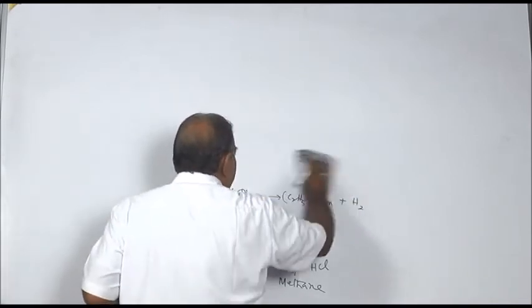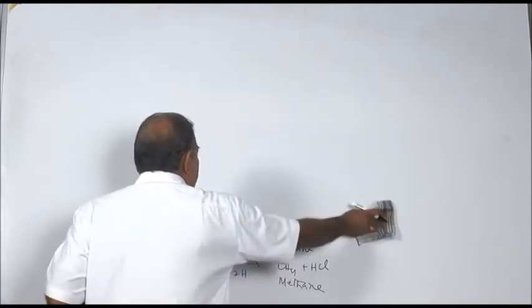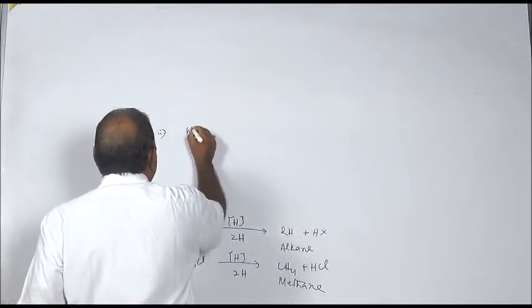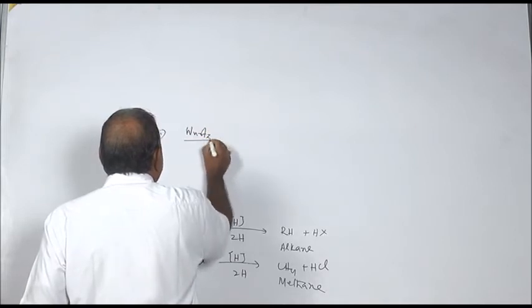The second way of getting alkane from alkyl halide is by Wurtz reaction. Wurtz is the name of a scientist.